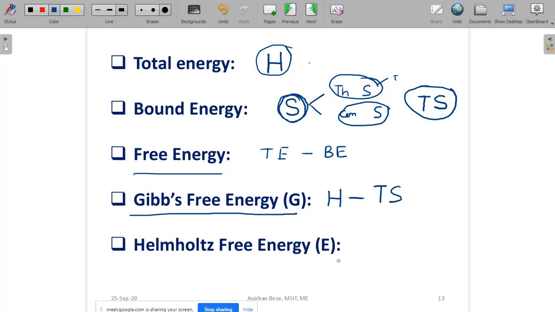And Helmholtz free energy is, if you consider the internal energy as the total energy, U minus TS. Remember, in the case of gases these two are definitely different, but in the case of solids, H and U are all the same. So in our case, since we are dealing with solids, Gibbs free energy and Helmholtz free energy are the same. Okay, so they are not different.